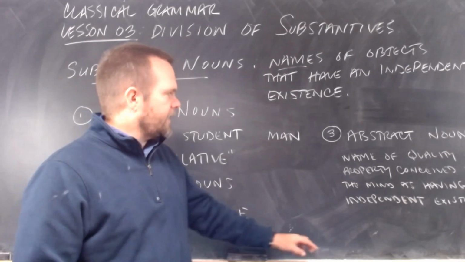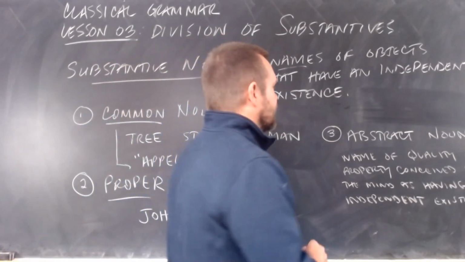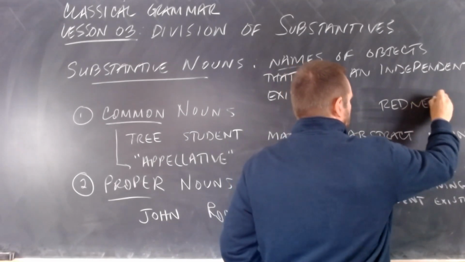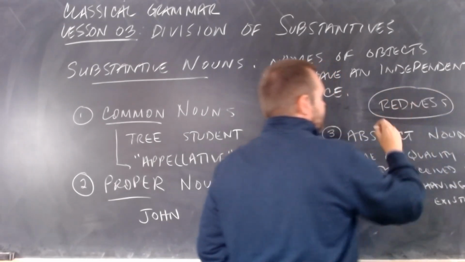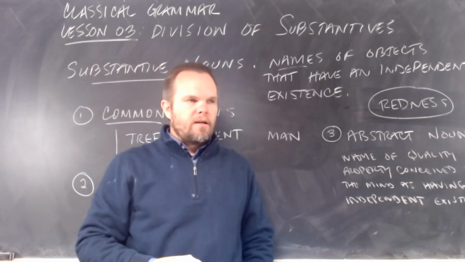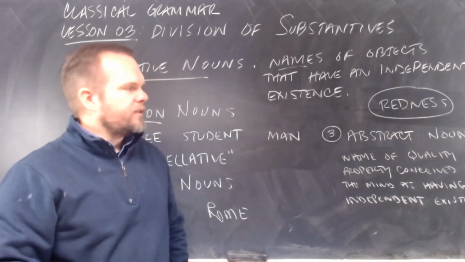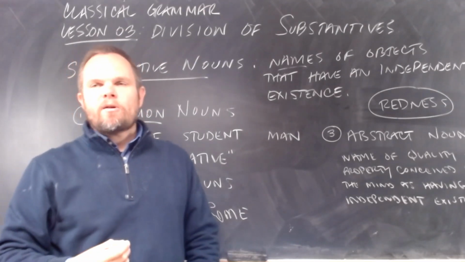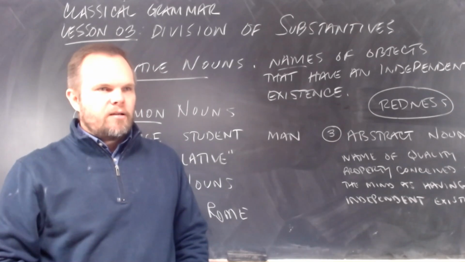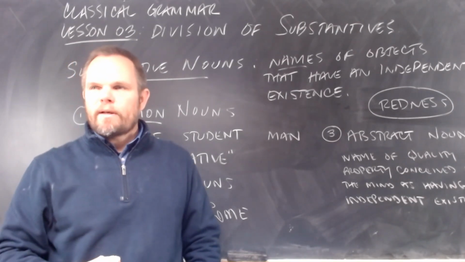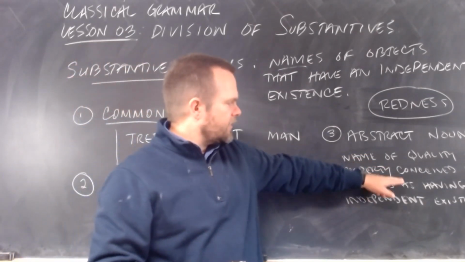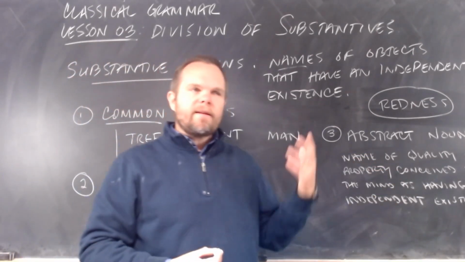When we take an idea like redness and we think of it, what Plato wanted to ask is, does something called redness actually exist? Or is it just something that we think about? Our minds conceive of a quality.